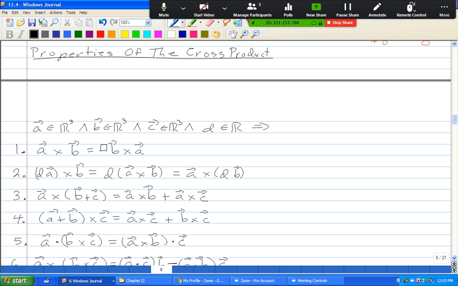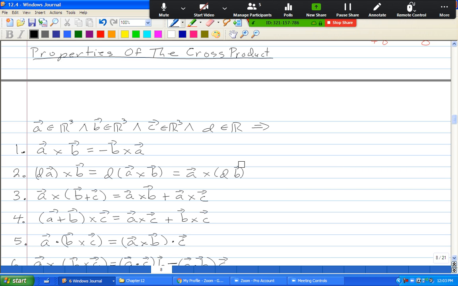So then A cross B is minus B cross A. So the cross product is not commutative, it's anti-commutative. It changes its sign when you change the order. Next, dA cross B is just the same as taking out the D times A cross B, which is the same as A cross dB.